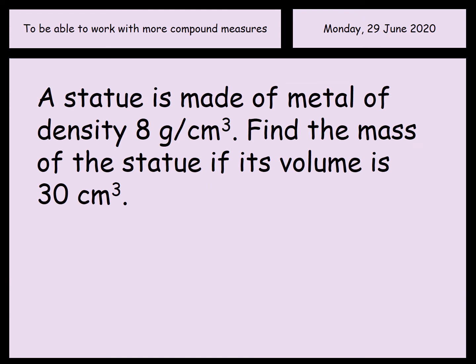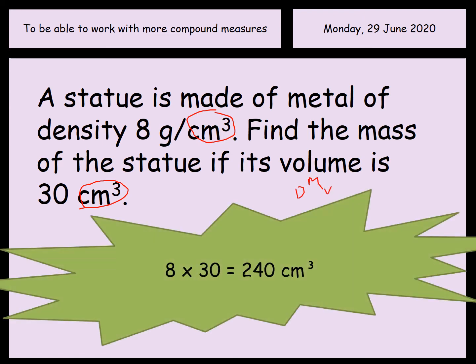Statue made of metal, density 8 grams per centimeter cubed. Find its mass of a statue and its volume 30. Again, you've got 30 centimeters cubed here. So when we're finding the mass, we can calculate the mass in grams. Density, mass, volume. So I'm multiplying this time because we're finding mass.